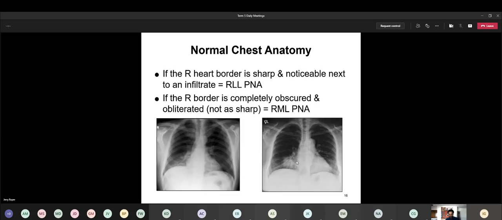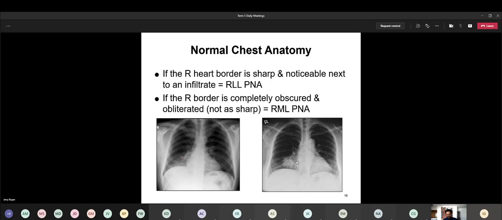So take this example here. We've got right lower lobe pneumonia versus the right middle lobe pneumonia. So looking at the image on the left here, there's something going on. As we can see, there's an infiltrate, something white-ish showing up here.